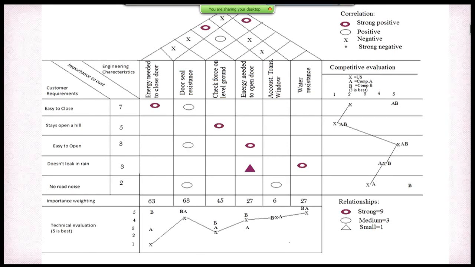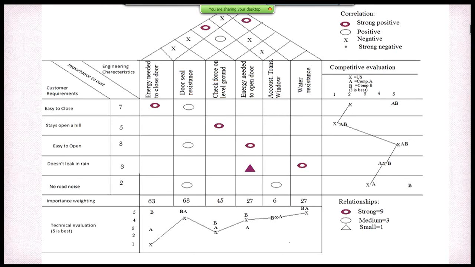Coming to the competitive evaluation, let us consider our company is X, and A and B are other competitors. In this matrix we compare our customer requirements on a scale of 1 to 5. Here, as we can see, easy to close has a ranking of 2 for our company, which is a low ranking.